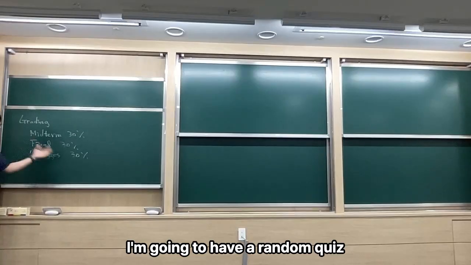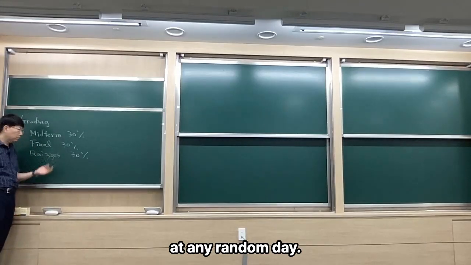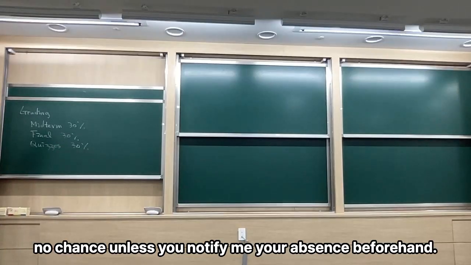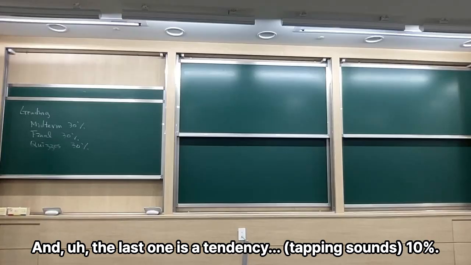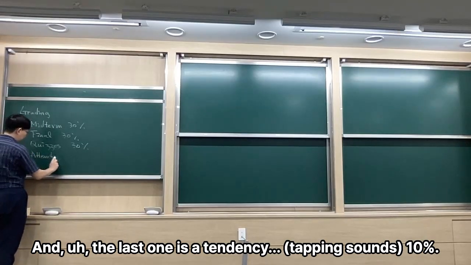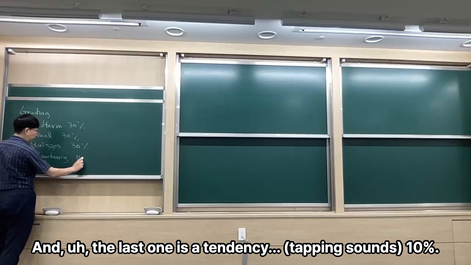I'm gonna have a random quiz on any random day. So if you miss the quiz, no chance unless you notify me of your absence beforehand. And the last one is attendance, 10%.